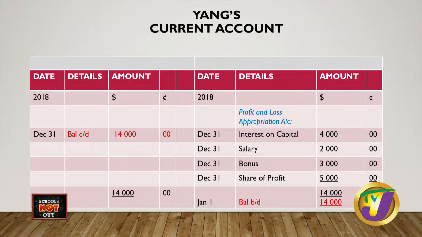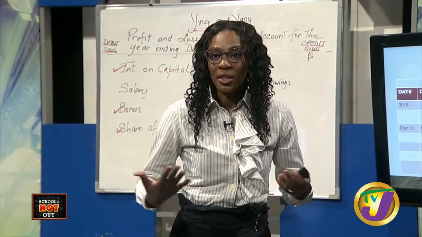The CD is on the credit. The BD is going to fall on the debit. Good. So students, therefore, again, when there is a credit balance on a partner's current account, the partnership owes the partner.